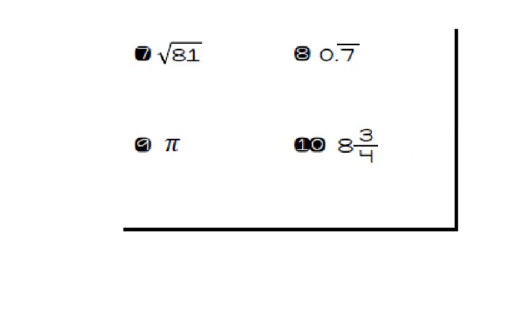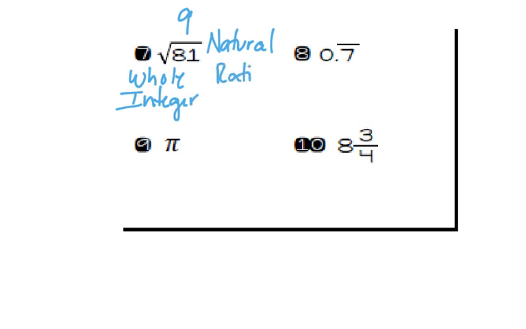All right, number 7 says the square root of 81. This is the one I was warning you about. If you simplify the square root of 81, you get a 9. And 9 is natural. So the number 9 is natural, whole, it's an integer, it's rational, and it is a real number.